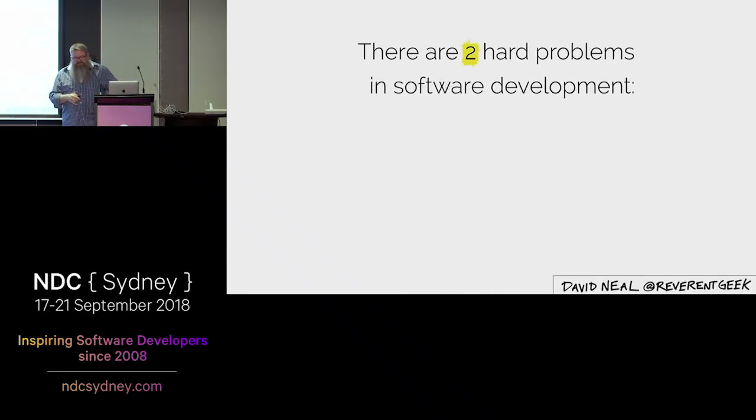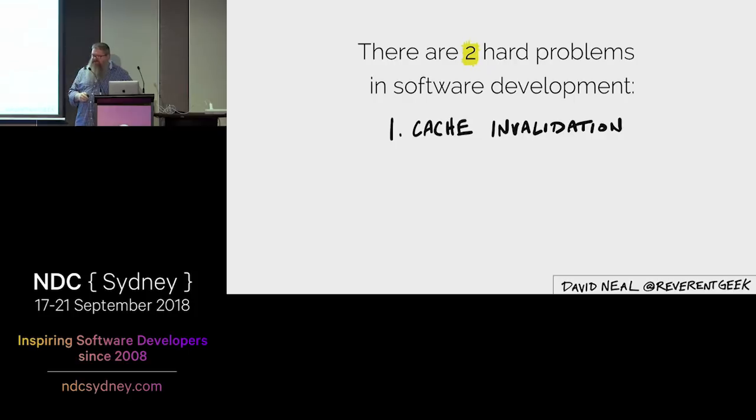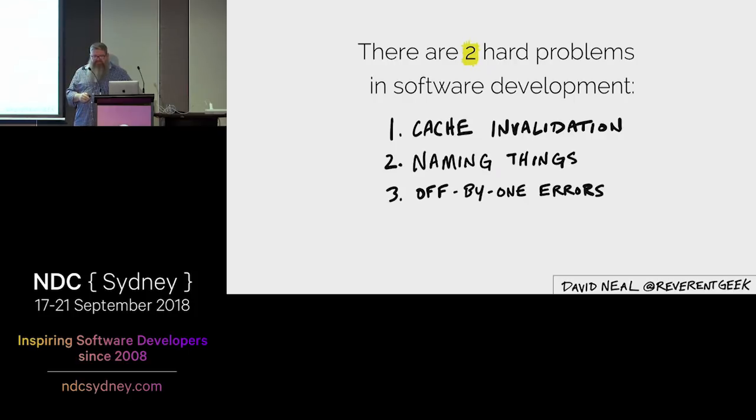So you may have heard this joke. There are two hard problems in software development: cache invalidation, naming things, and off by one errors, right? Well, I submit to you that there are 4 hard problems in software development.